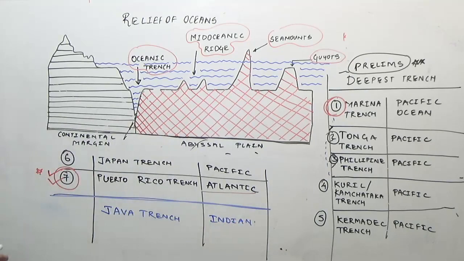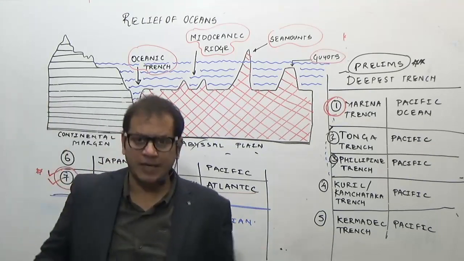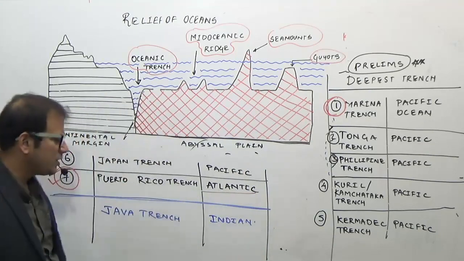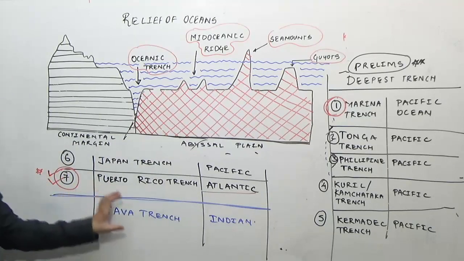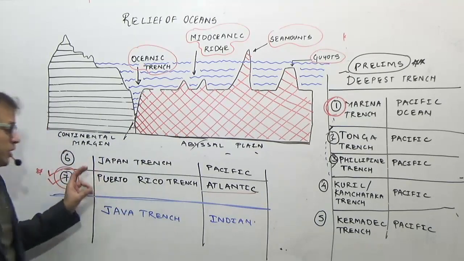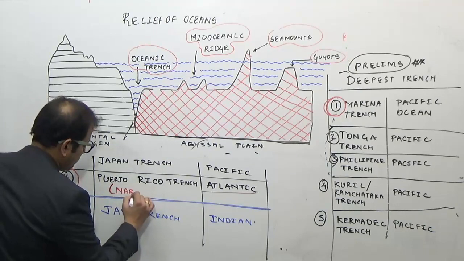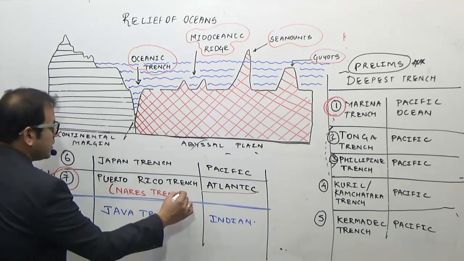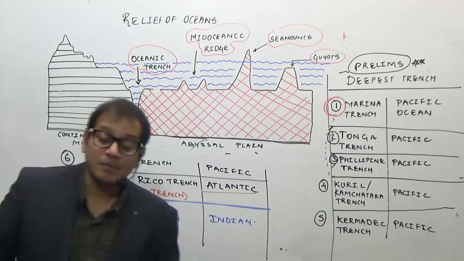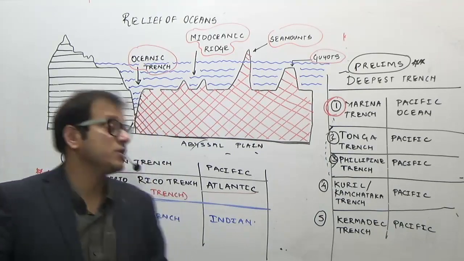It is the 10th deepest trench in the world, not even 8th, but you don't need to remember each of these trenches, so we have stopped here. The Java Trench is the deepest trench of the Indian Ocean. Puerto Rico, also known as the Nares Trench, is the deepest trench of the Atlantic Ocean. So these are the deepest trenches of the world.